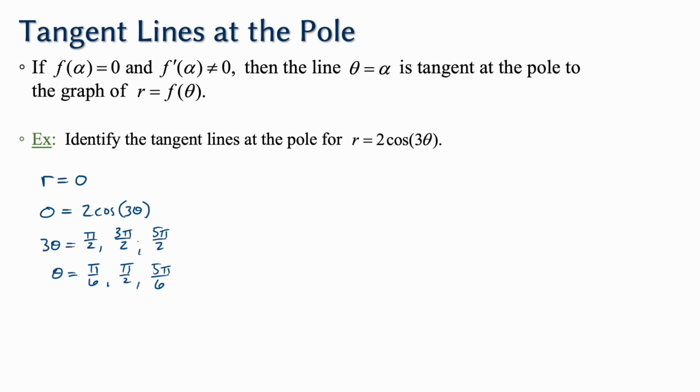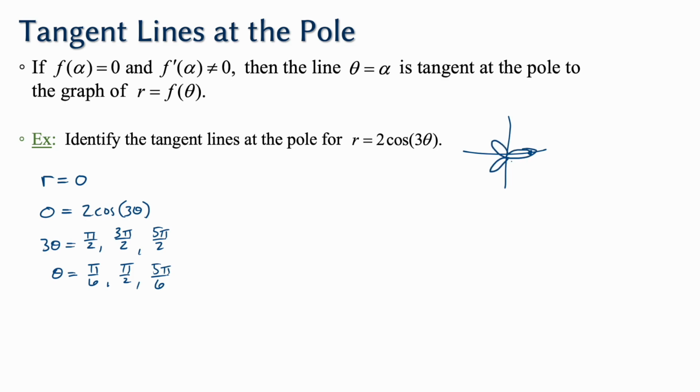And by the way, I should point out, one of the reasons I know I'm looking for just 3 of them is because if you think about what this graph looks like, this is 2 times cosine of a multiple angle. This is a rose curve. And because it's cosine, that means, first off, it's got 3 petals. So I'm just going to make a generic picture.